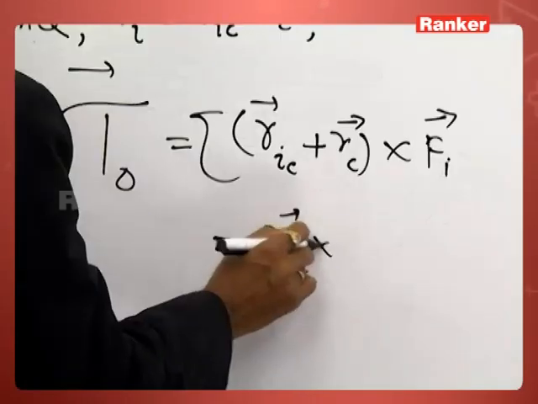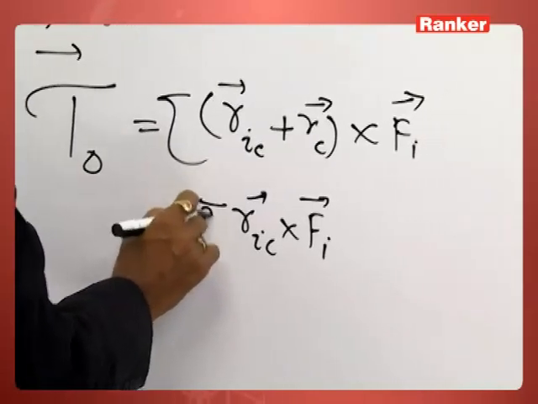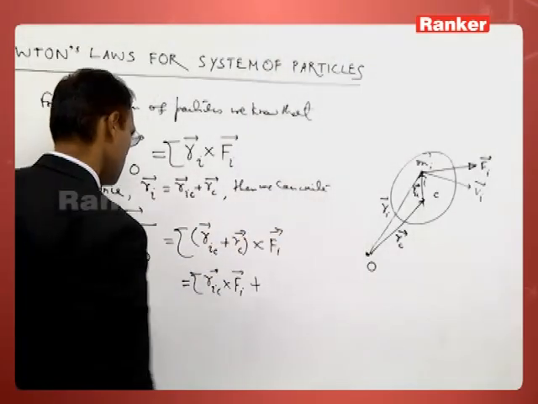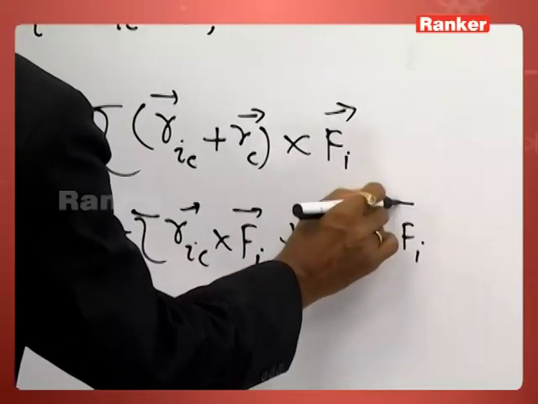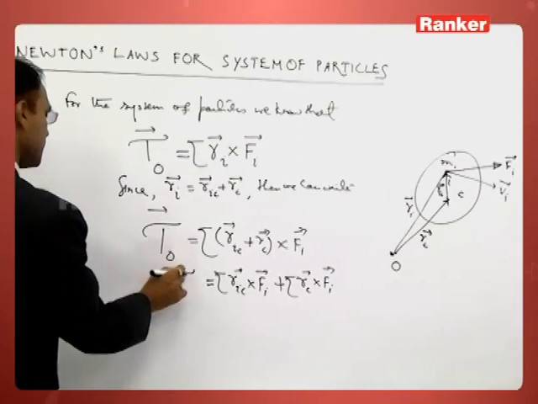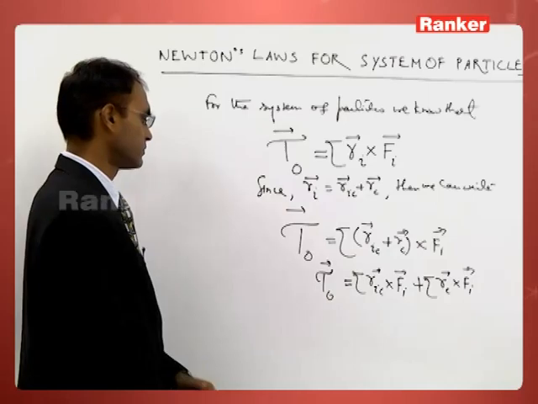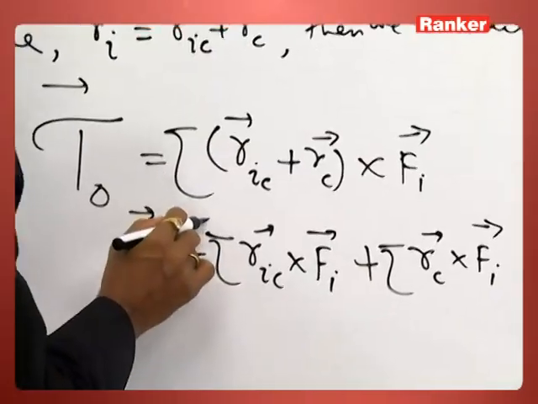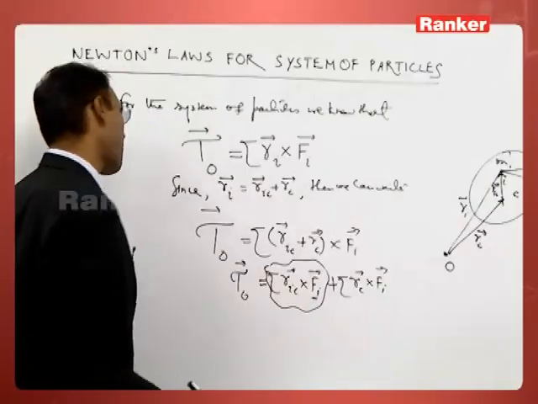RiC cross Fi, summation of this, plus RC cross Fi, summation of this. This is the net torque about O. Fi is the net force acting on the ith particle.